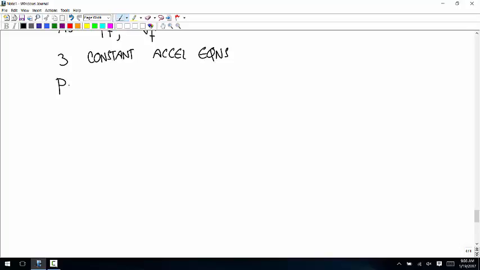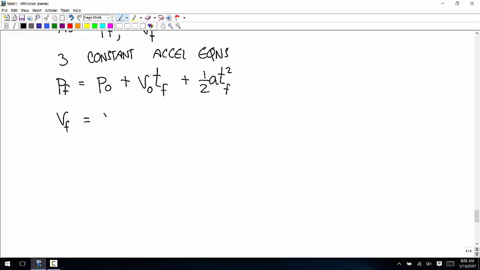The first one says P sub F is equal to P0 plus V0 TF plus 1/2 A TF squared. These are all the formulas that we came up with before. I'm just writing T as T final, and P and V at T final is P final and V final.